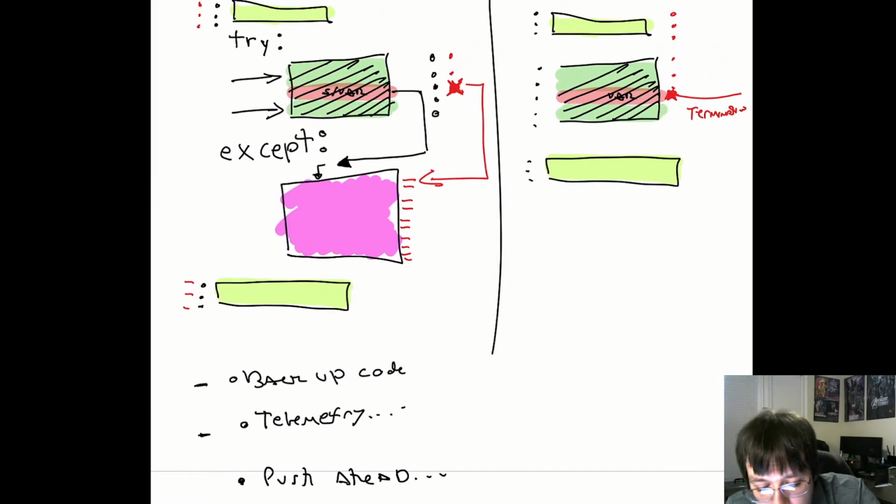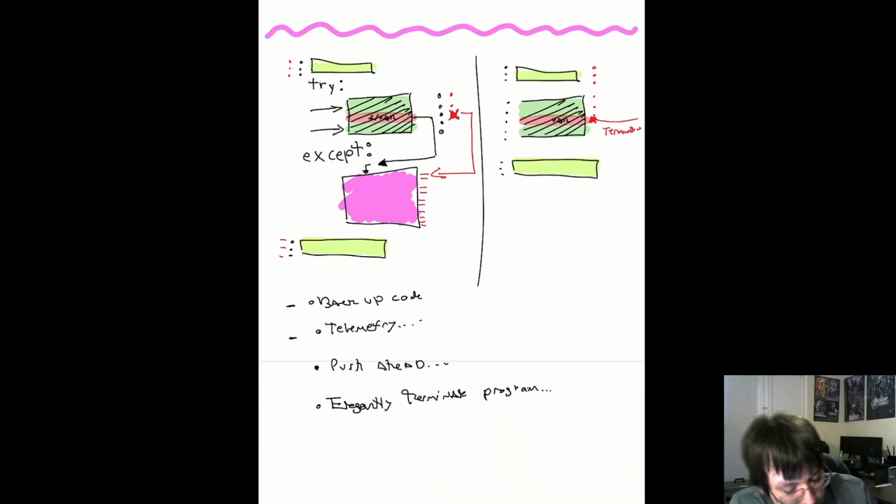So if we want to update our little diagram, now we have one except block and a second except block, and those except blocks are related to the try block.